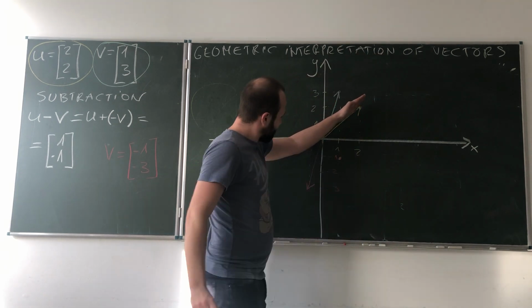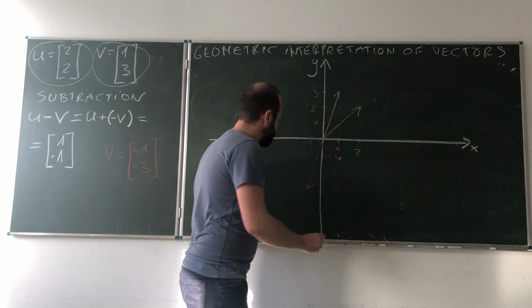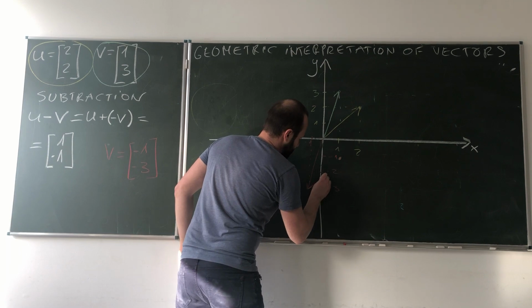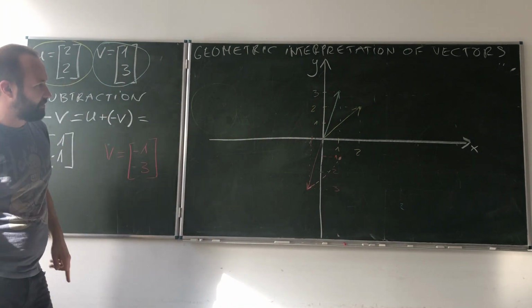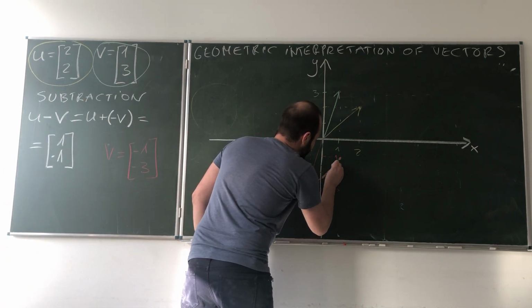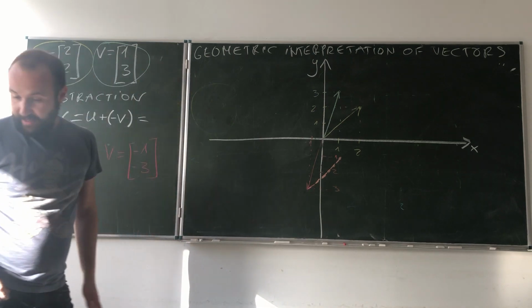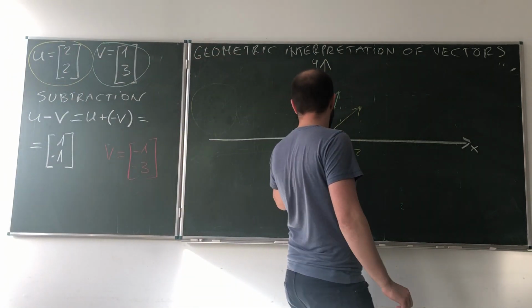And look, I'm taking this line and I'm moving it parallelly until it touches the arrowhead of this vector. We are imagining that this line is a perfectly straight line. And then I do the very same thing over here.